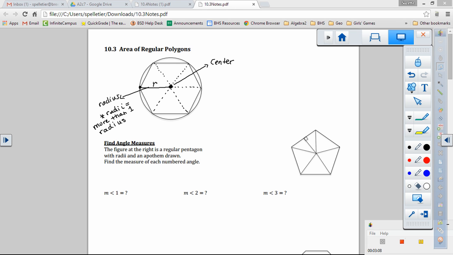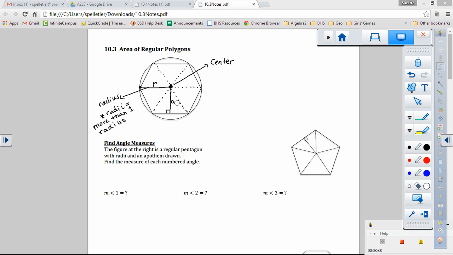Then we have one more thing we have to talk about, and it's this segment. It's different than a radius because it goes from the center of the circle directly down to one of the sides. The shortest distance between the center and one of the sides forms a right angle, just like an altitude, except we don't call it an altitude because we like to make things confusing in math, and why would we want to use the same word to mean exactly the same segment?